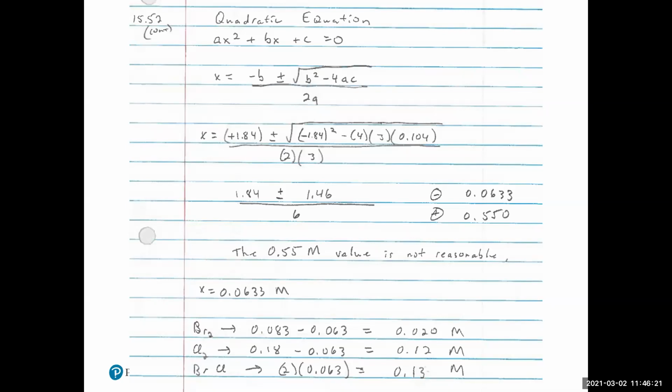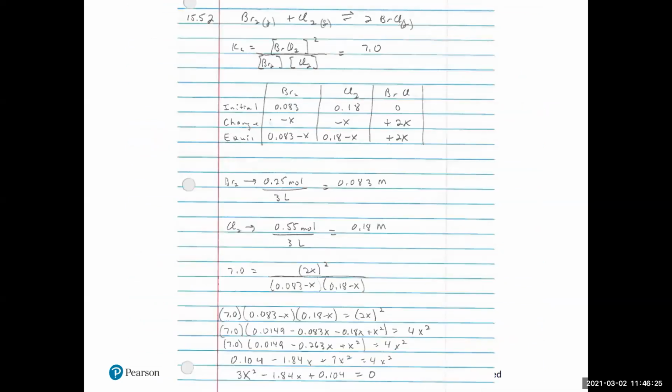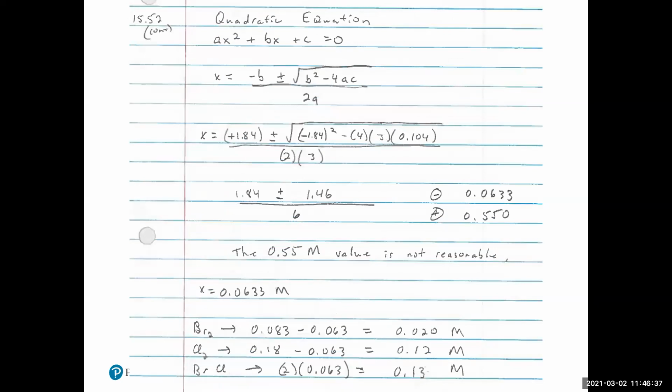So we go back to this original box here and see that the equilibrium concentrations will be 0.083 minus that X value, 0.18 minus it, and then 2X.